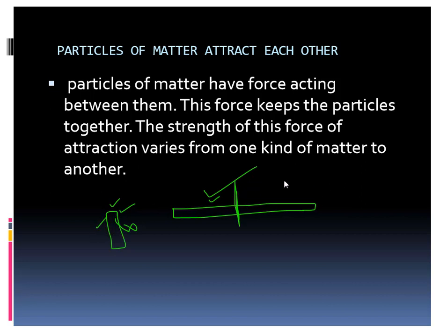Here also the intermolecular forces of attraction are there, that is the force of attraction between atoms and molecules, but it is not strong enough compared to iron. So different matters have different amounts of intermolecular forces of attraction. Intermolecular forces of attraction means the force of attraction that is available within the particles. This is a binding force.